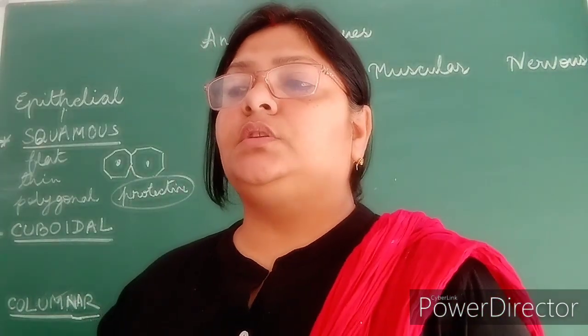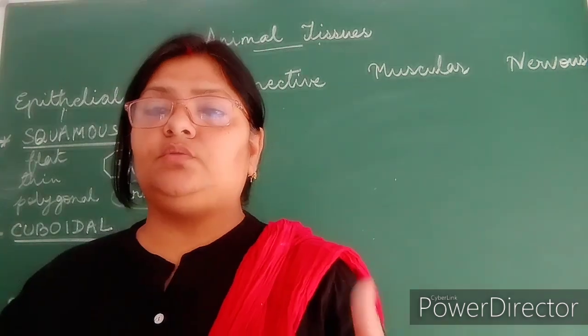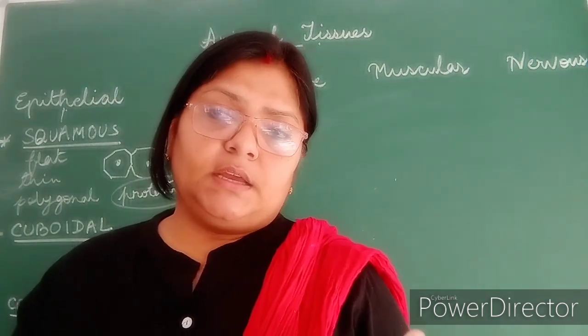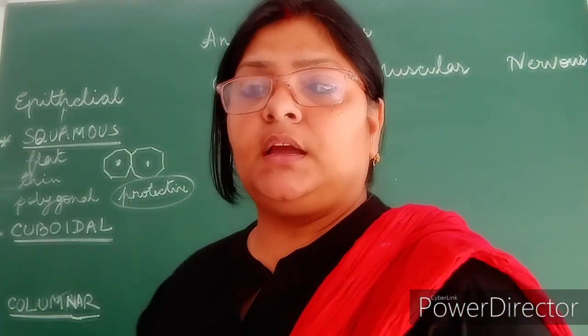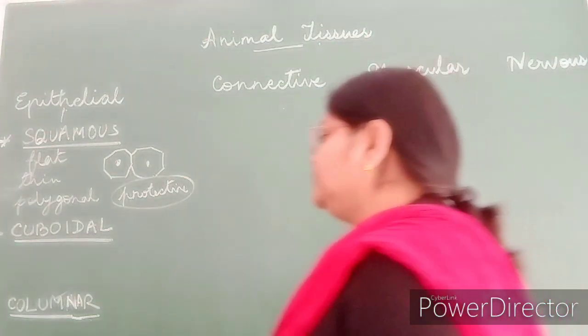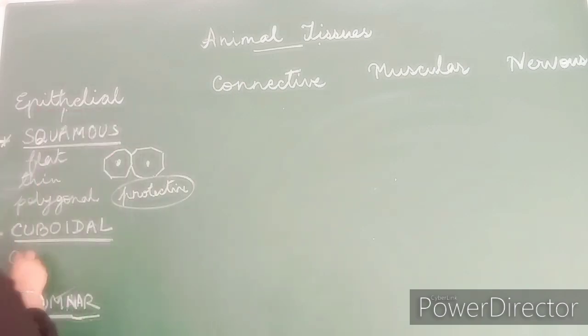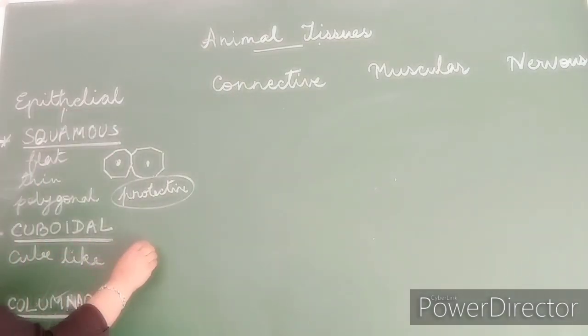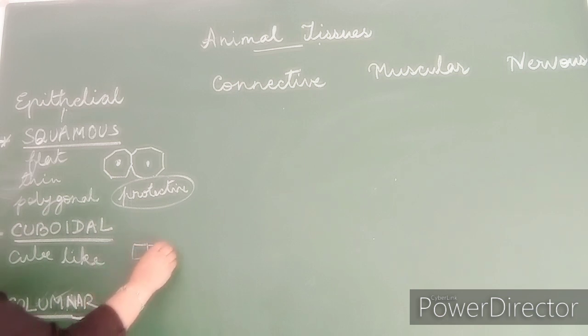Now coming to cuboidal epithelium, the name itself says it is cube-like cells. So how to draw cubes? First feature is lined by cube-like cells. Just a line of cells, let's draw first, then you know how to make cubes out of it. That's all, with the nucleus. Fine.